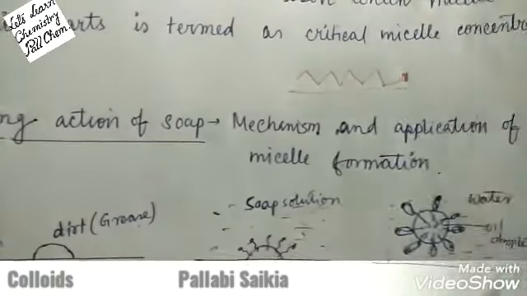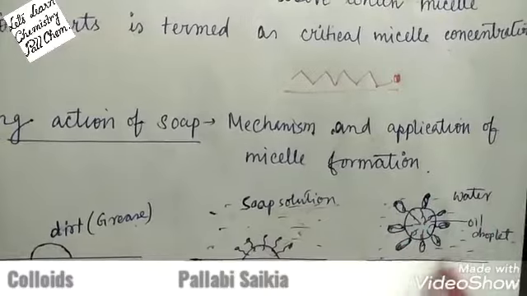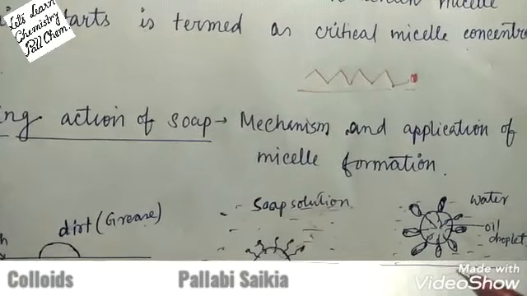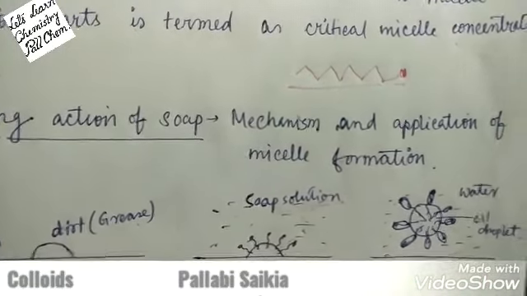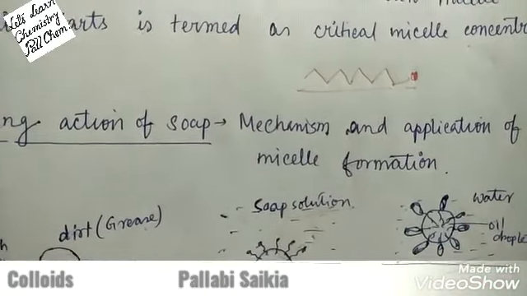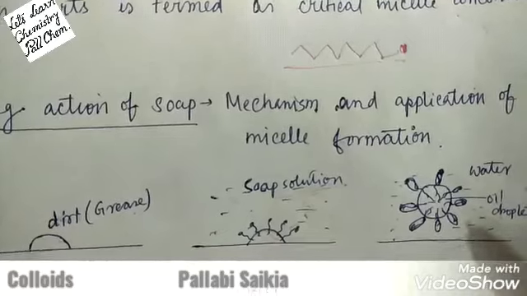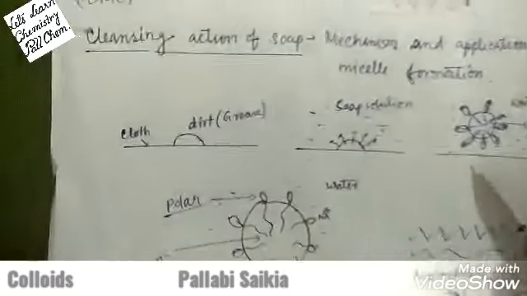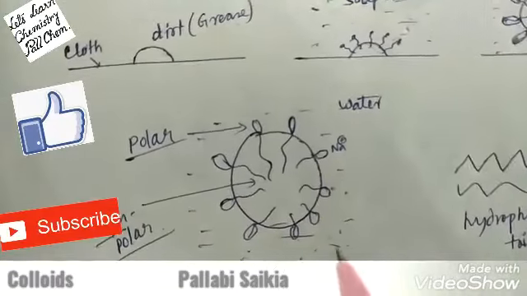Now it will form a circular aggregation, that is a micelle, and as a result of this micelle formation, the dirt particles come out from the cloth and the cloth is cleaned. This is the formation of micelle.